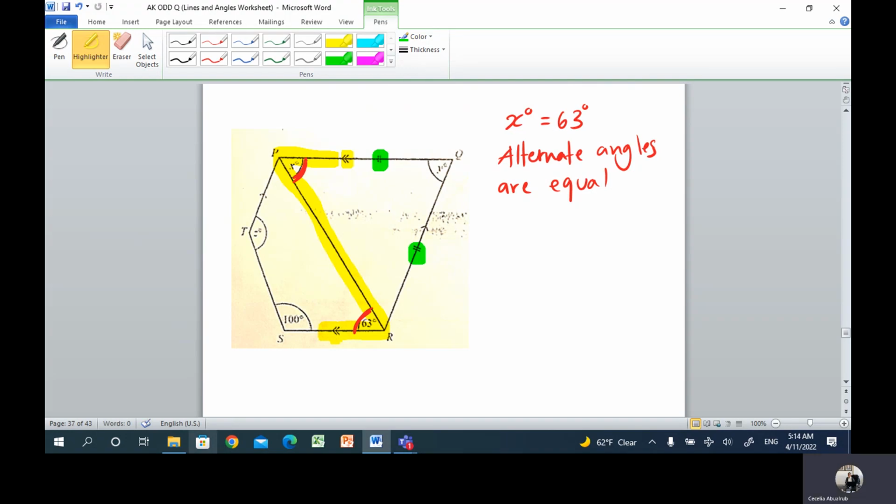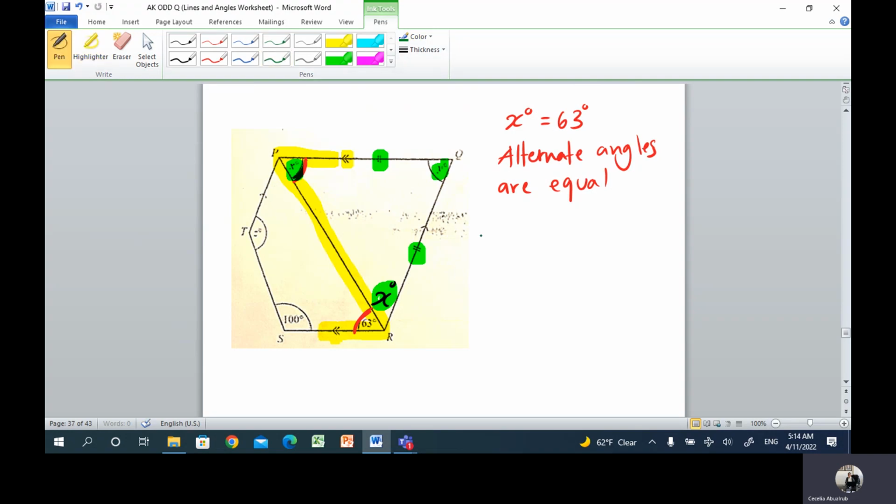This is an isosceles. Okay, so if this is x, then this is x as well, right? And we found x. So in the isosceles, x and y are angles in an isosceles triangle.